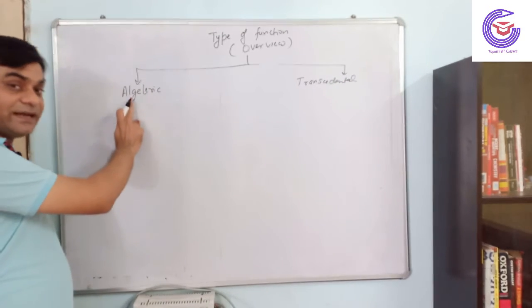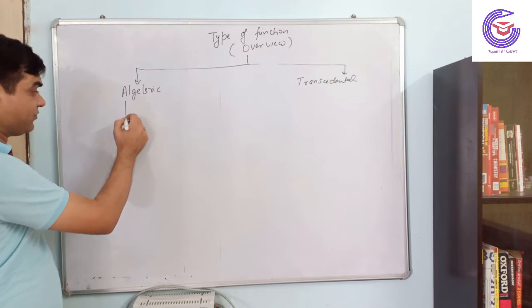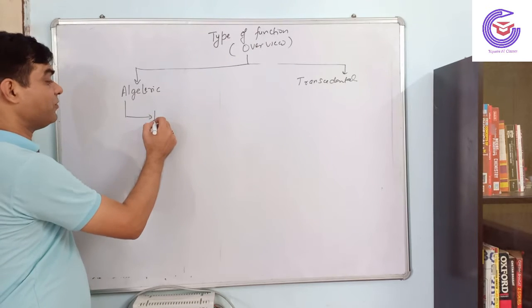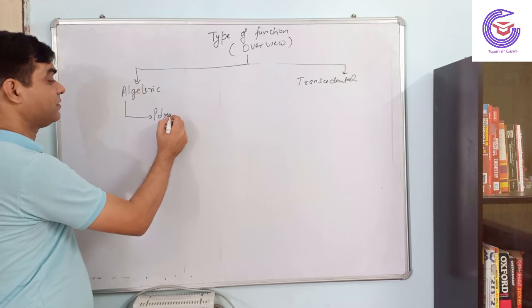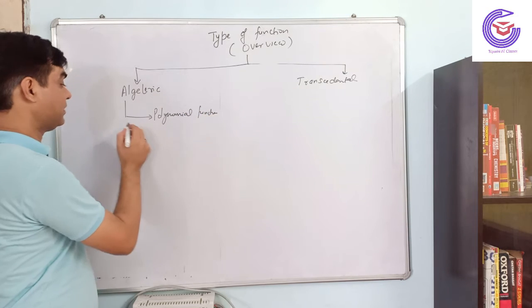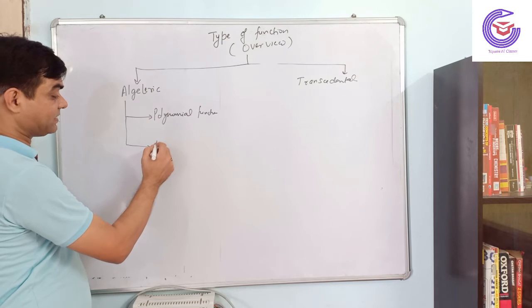Then algebraic is again classified into a few categories. I am going to state them one by one. The first one is called polynomial function. The second is your rational function.